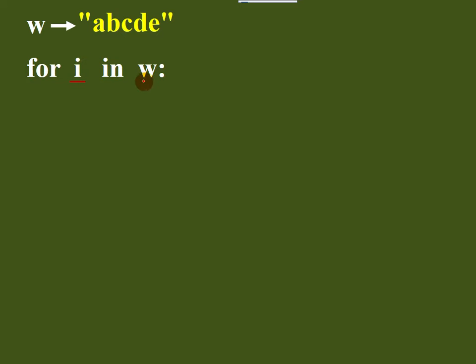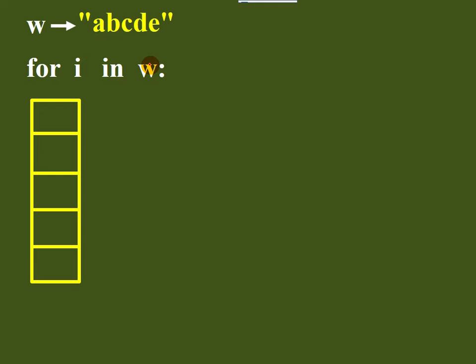Now this i should be pushed onto the stack implemented using list. Initially your list is empty. First a is pushed onto the stack, and now top points to the topmost element, that is a.